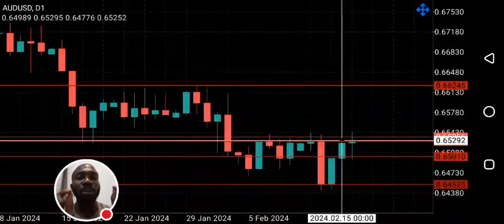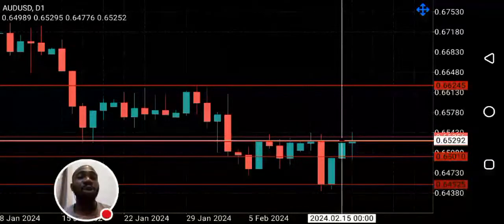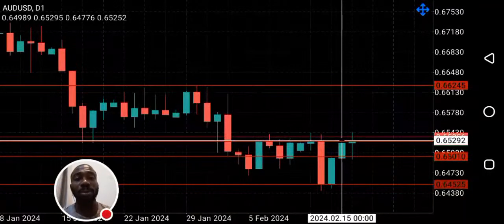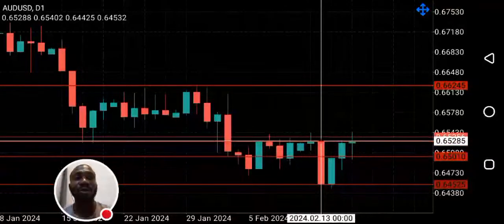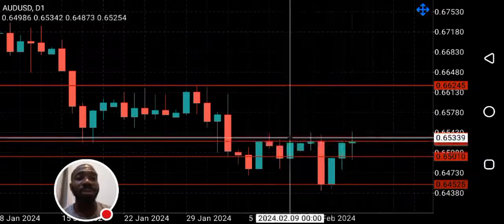So if you want to buy, like I said, if we go by the pattern we have on the weekly time frame, we would be looking out for a buy opportunity on Australian dollar USD. But if you look at the daily, we have a resistance here. For us to buy, to ensure that the daily aligns with the weekly pattern, we need to wait for this resistance to be broken.